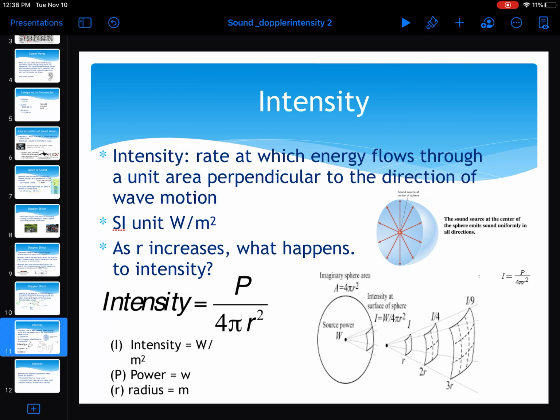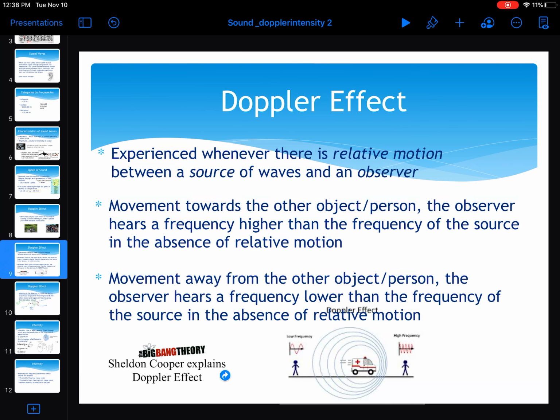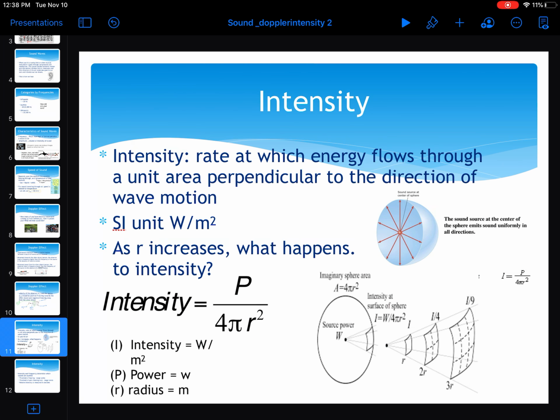And at that time I said, remember, we live in a three-dimensional world, so the wave is going to be sent out in all different directions. So the idea is the same here. When we speak, that sound wave actually is emitted in all different directions, which is why we have this circular effect around my moving ambulance here.